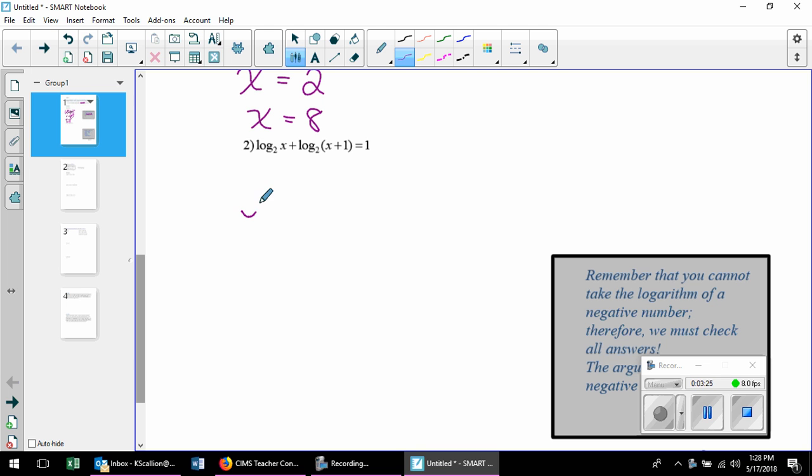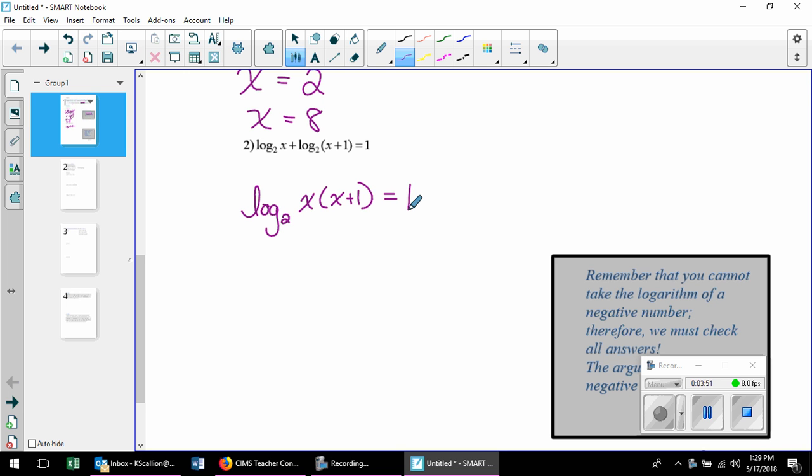So I'm going to have a single log, log base 2, of x times (x plus 1) equals 1. I can't do an exponential form here and an exponential form here, it would just get very confusing. So apply your log law first. You don't want to change it into exponential form unless you're dealing with a single log.